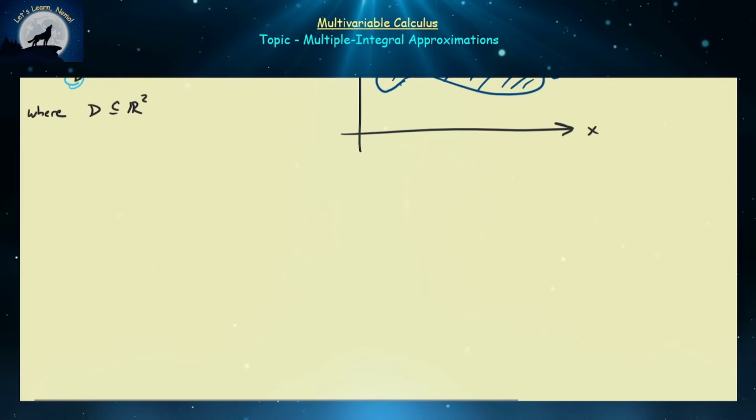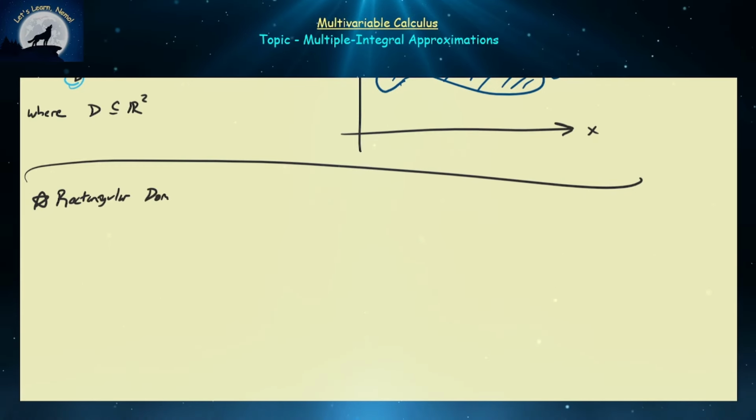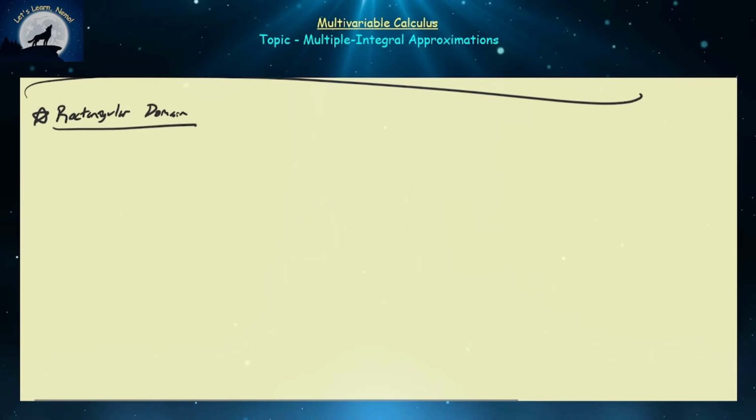To start things off in an easy way, let's assume that the domain D is going to be a rectangular domain. When I say rectangular domain, I don't necessarily mean rectangular in the R1 or the R2 sense. It could mean a cubic or rectangular prism in 3D, or a hyper rectangular prism in higher dimensional spaces.